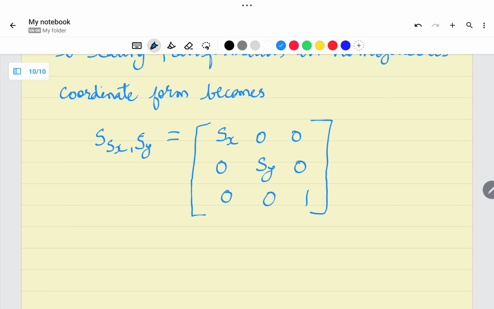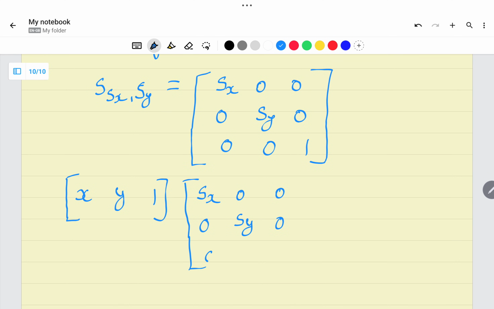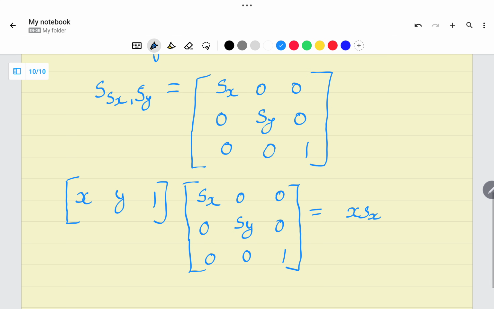So [x y 1], that is the homogeneous form of the point P (x, y), multiplying this with the scaling matrix, will result in x into Sx, y into Sy, 1.